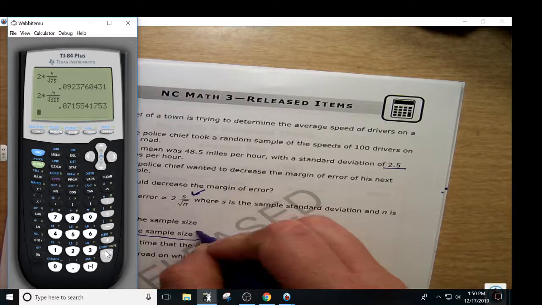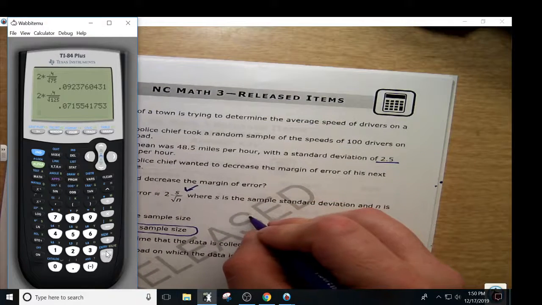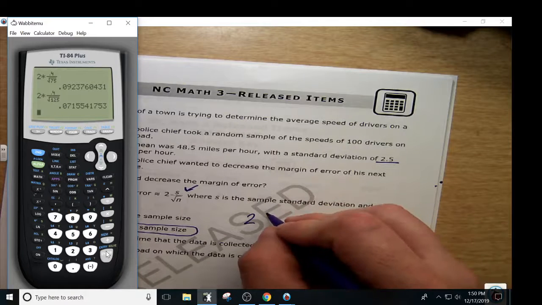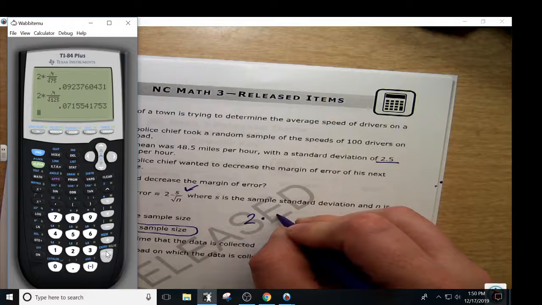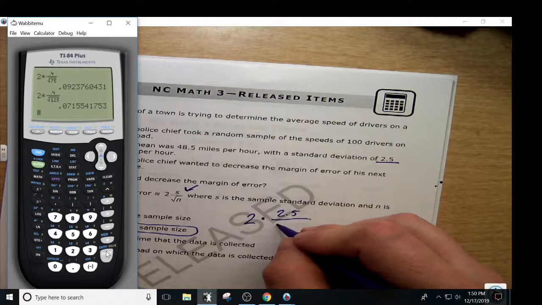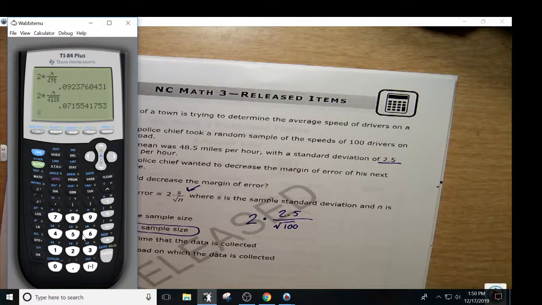And guys, we proved that. If you want to prove it again, our standard deviation is 2.5 over the square root of 100. Now, if we put that in our calculator, looking at the calculator on the screen, we took the 100 people that he had.